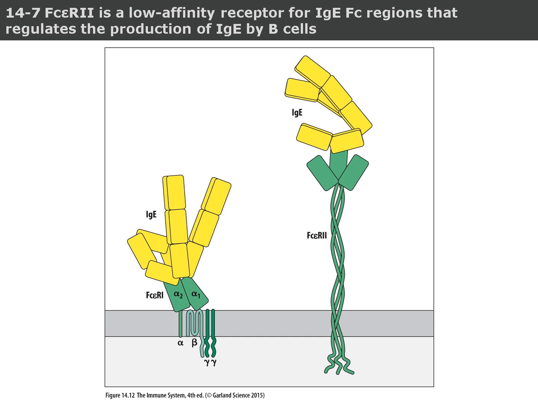On the right, the low-affinity receptor for immunoglobulin E is shown. This receptor, called the low-affinity receptor for the fragment crystallizable region 2, binds immunoglobulin E less tightly and is expressed mainly on B cells. The low-affinity receptor for the fragment crystallizable region 2 plays a regulatory role by helping to control the production of immunoglobulin E by B cells.